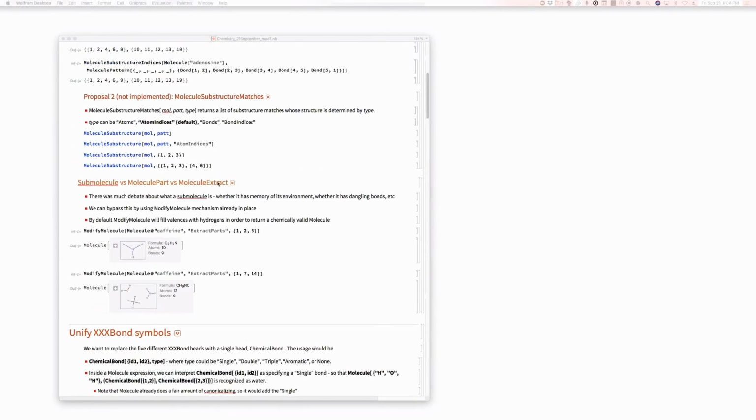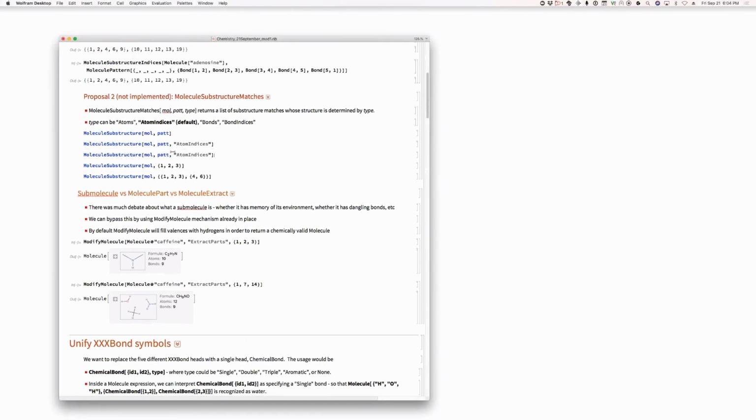Here we go. Molecule substructure. So what I'm suggesting here is let's say something like molecule relative. That's not the right term. But embedded. Something like embedded, that's not the right term either. And well, context, there's the language context structure that we already have.